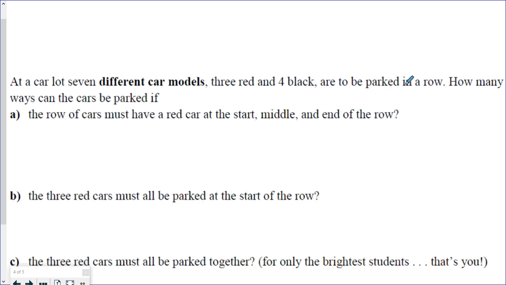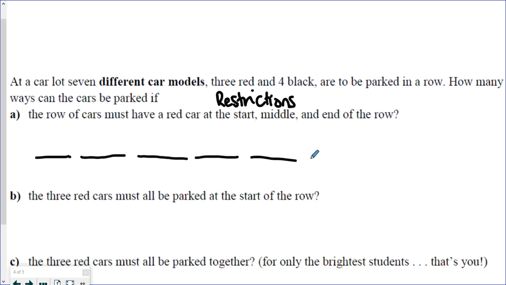If the row of cars must have a red car at the start, the middle, and the end of the row. So this one you can't really use your permutation notation because it's giving you some restrictions. In this case, we have some restrictions on how things can be organized, so I'm going to use my fundamental counting principle. So 1, 2, 3, 4, 5, 6, 7.